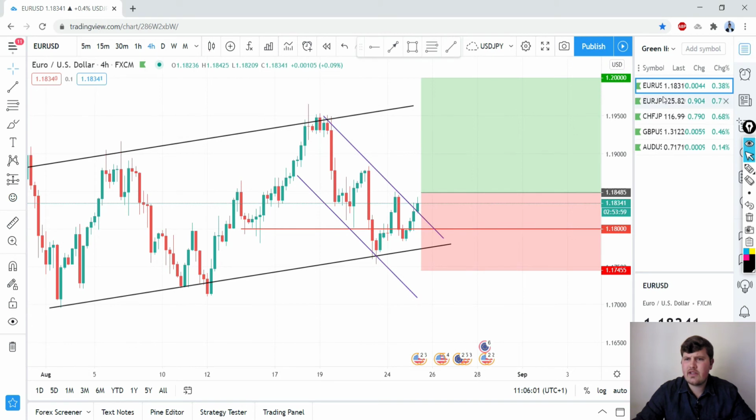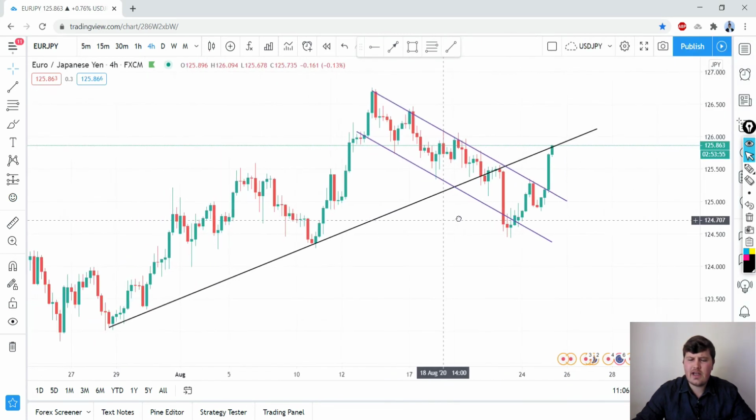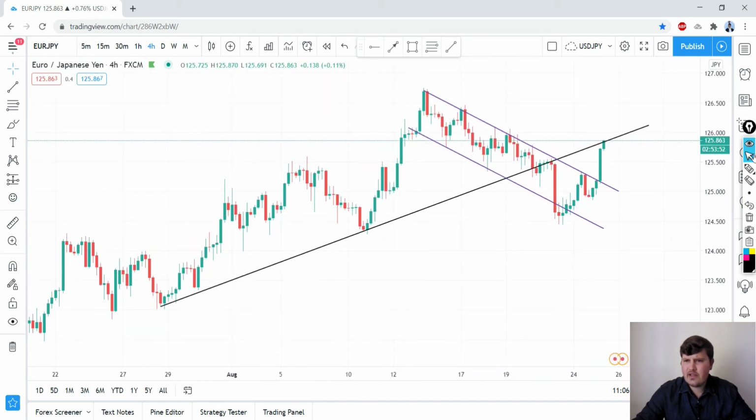Now the next currency pair is the EURJPY that I'm currently looking at, and as you see, we broke this upward trend line over here a few days ago, and we are currently on the back side of this trend line, testing it once more. So you should be aware of how price is likely to react.